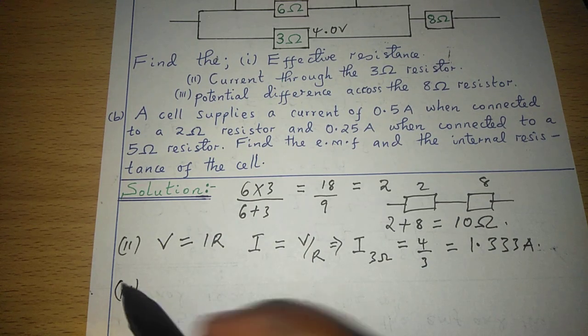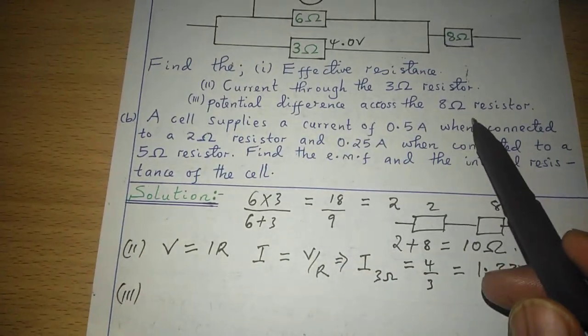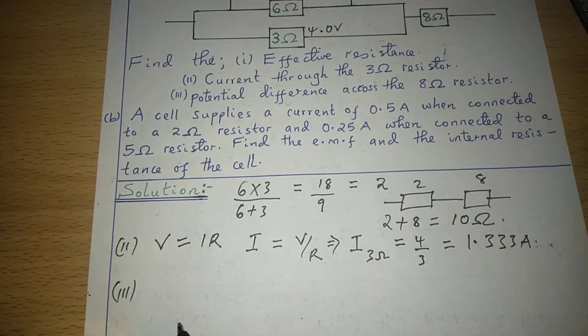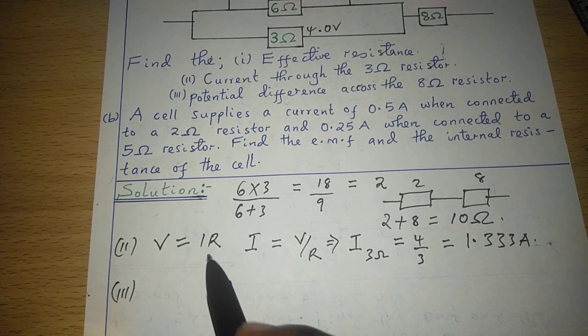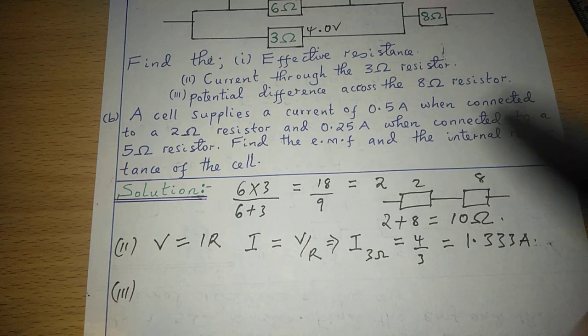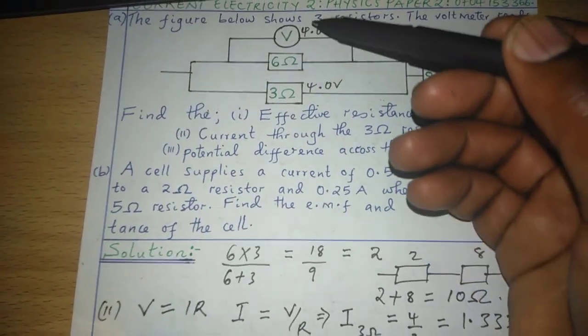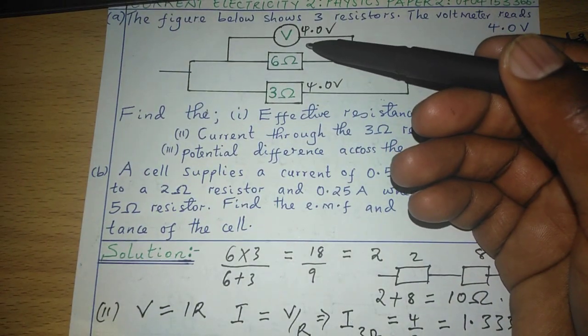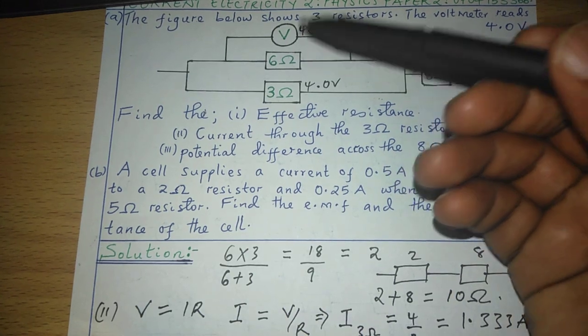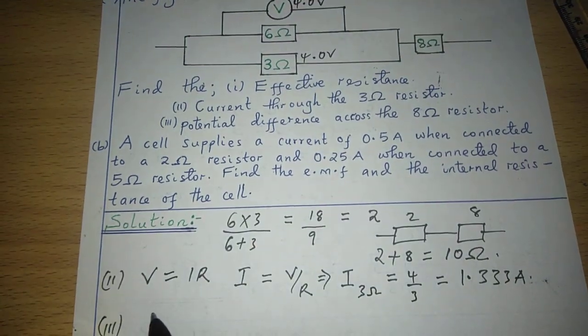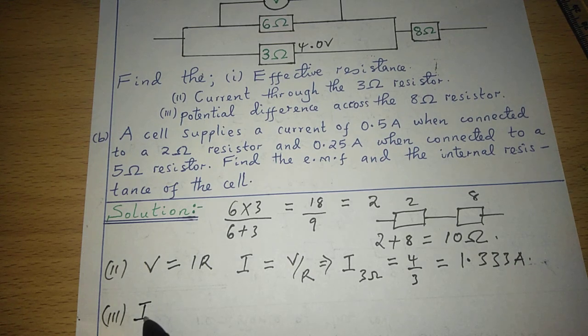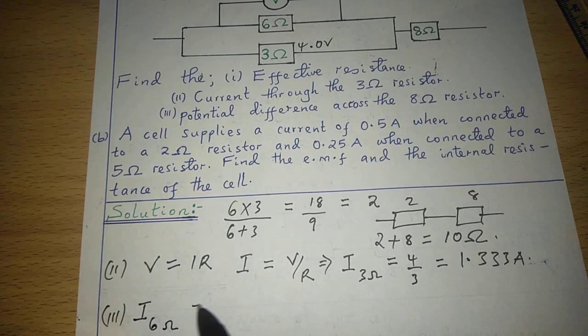Part 3, we are finding the potential difference across the 8 ohm resistor. Potential difference, remember, is given by IR. So at the 8 ohm resistor, we have to get the current through it. Therefore, we can get the current through the 6 ohm resistor here. Now that we have the voltage across the 6 ohm resistor and its resistance, the current across the 6 ohm resistor is given by V, which is 4, out of 6, the resistance.